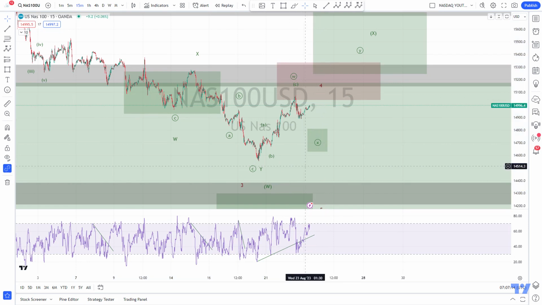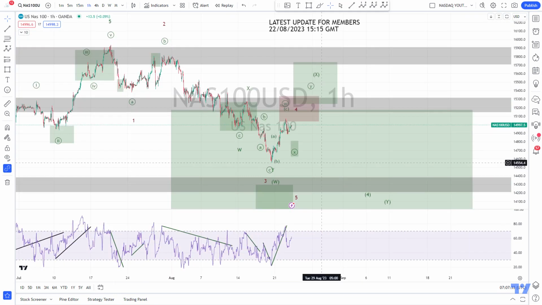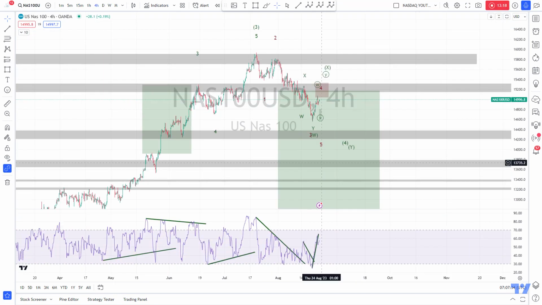However, this is not my primary scenario, because based on other indices, like the DAX, I would say it looks like this low here will hold, and also in the 4 hour, it looks like we are in an upward cycle.